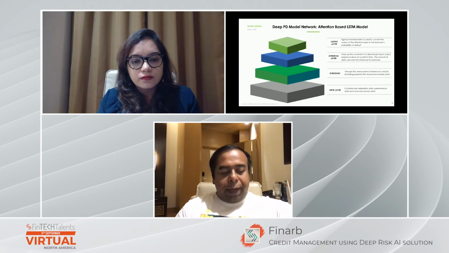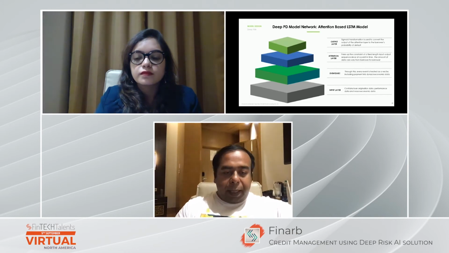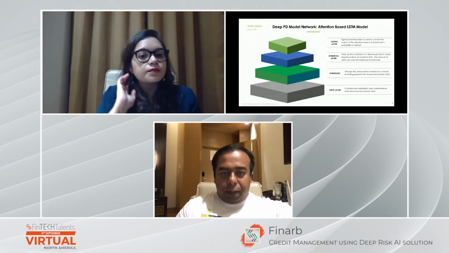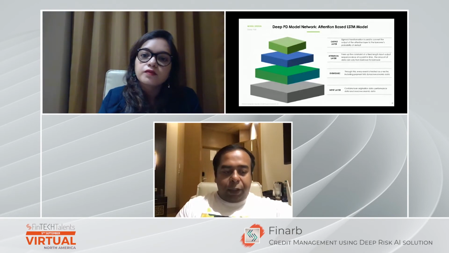Similarly, here the event is analogous to the word, which is a particular transaction. If you are taking open banking data, it can be a bank transaction. If you are taking the performance data, it can be a single loan repayment transaction, or whatever event is happening. It might be a change in his FICO score, whatever it is. It is a word in the entire paragraph, the paragraph being the entire transaction history for that particular customer. So that is the event to vec layer.